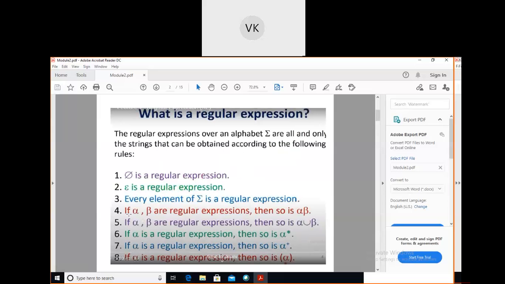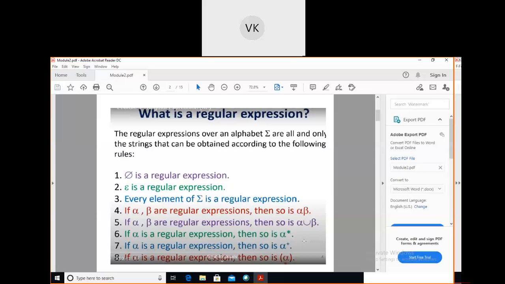Some operations you see here. If alpha and beta are regular expressions, then alpha dot beta, though the dot is not there here. I told you in yesterday's class, you may use alpha dot beta, or directly you can write alpha beta without any gap.